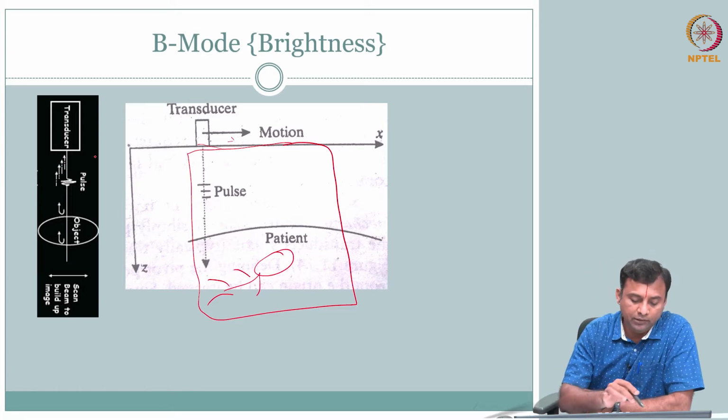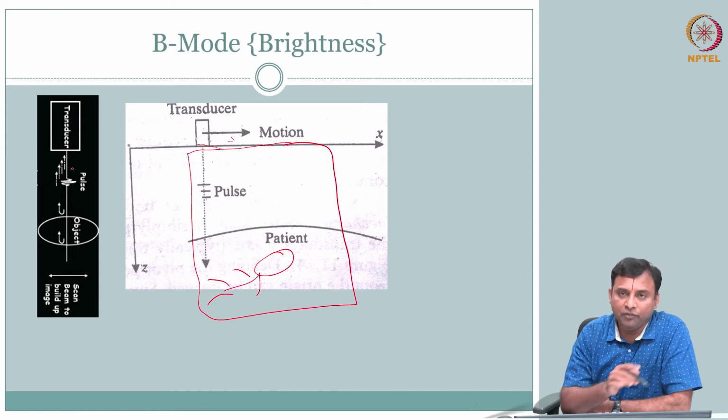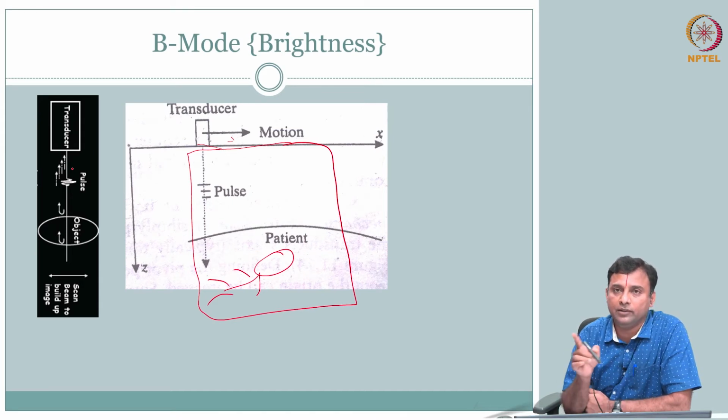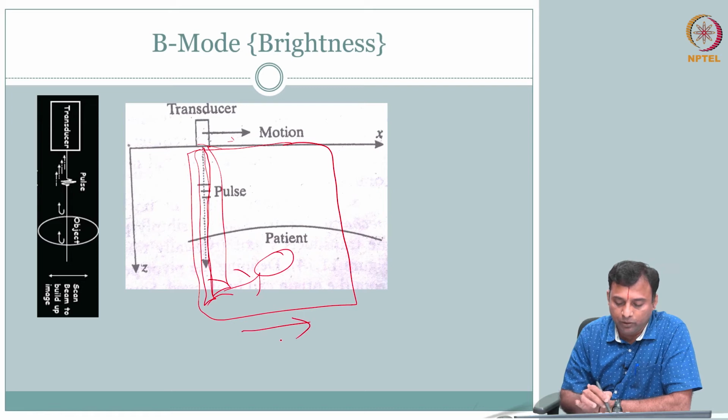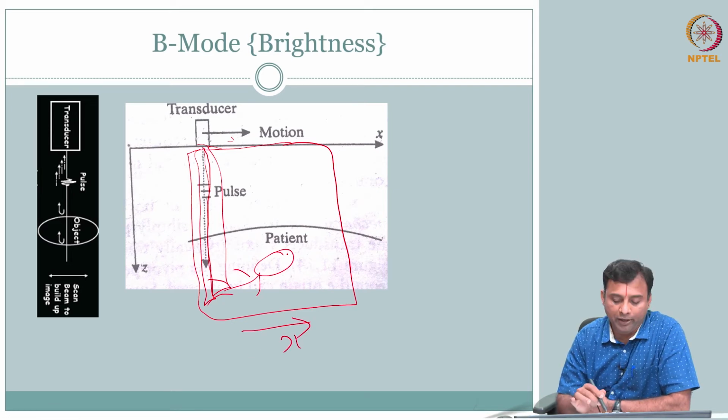So you can imagine the same A mode. What we saw in the previous slide is M mode. Similar thing: if I do the same amplitude, quantize it, put brightness, this will be at one location, then at the next location I move, I do this. So this will be your x direction, this will be your z direction, and I get an image where all the scattering will be different, because the interface is like this.